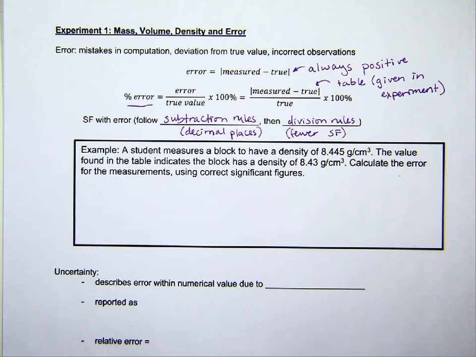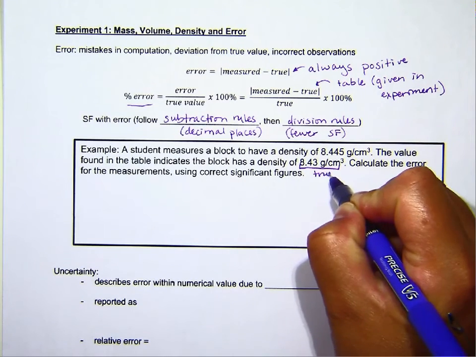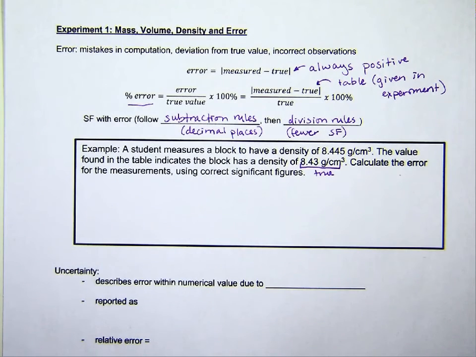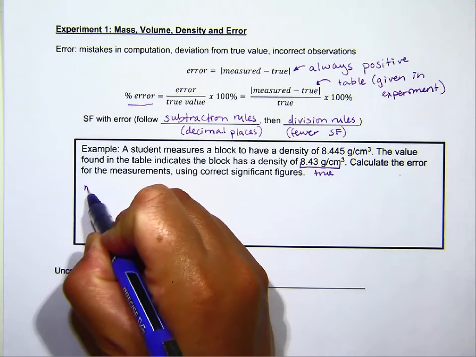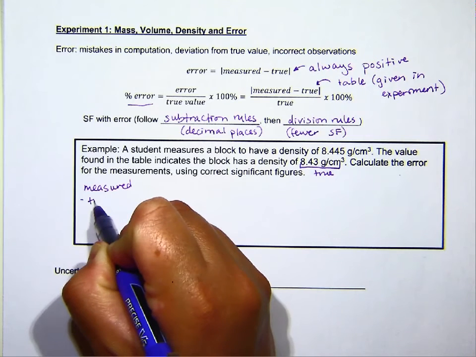So let's say that you're in lab and you measure a block to have a density of 8.445 grams per centimeter cubed. The value found in the table, meaning the true value, is given here as 8.43 grams per centimeter cubed. So we want to find the error using correct significant figures. So the first thing we're going to do is figure out the measured minus the true value.